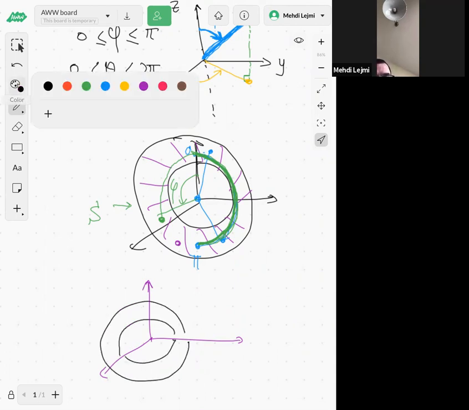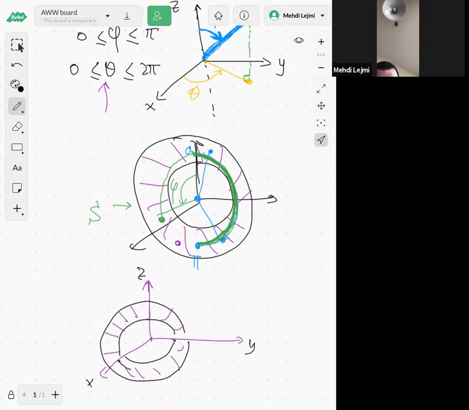Let's say this is the projection into the XY plane, and this is supposed to be the x-axis, y, and z. So your angle theta goes from 0, and you can cover the whole circle here, go back to here, and that will be 2 pi. Okay.